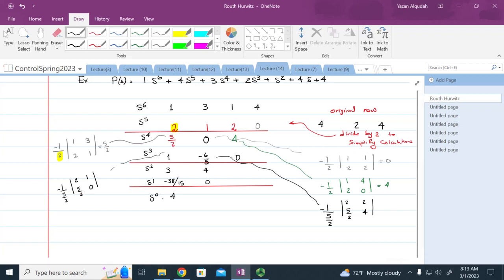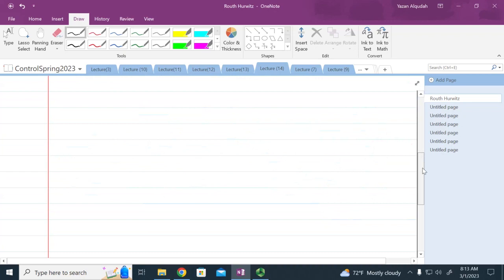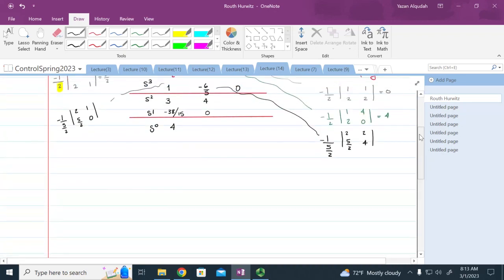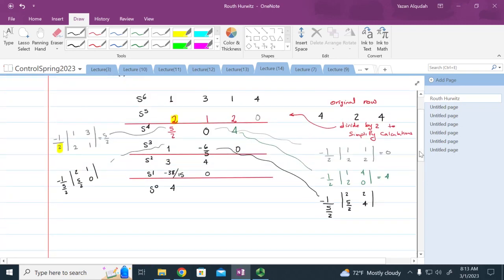Okay, so what do we do with this table? What the Routh Hurwitz criterion says is that the number of roots in the right half plane is equal to the number of sign changes in the first column that we calculated here.